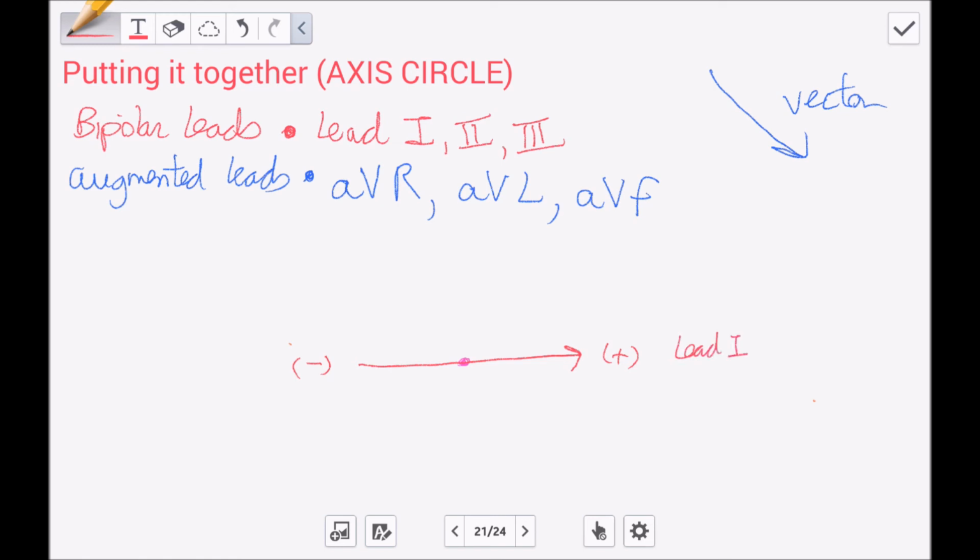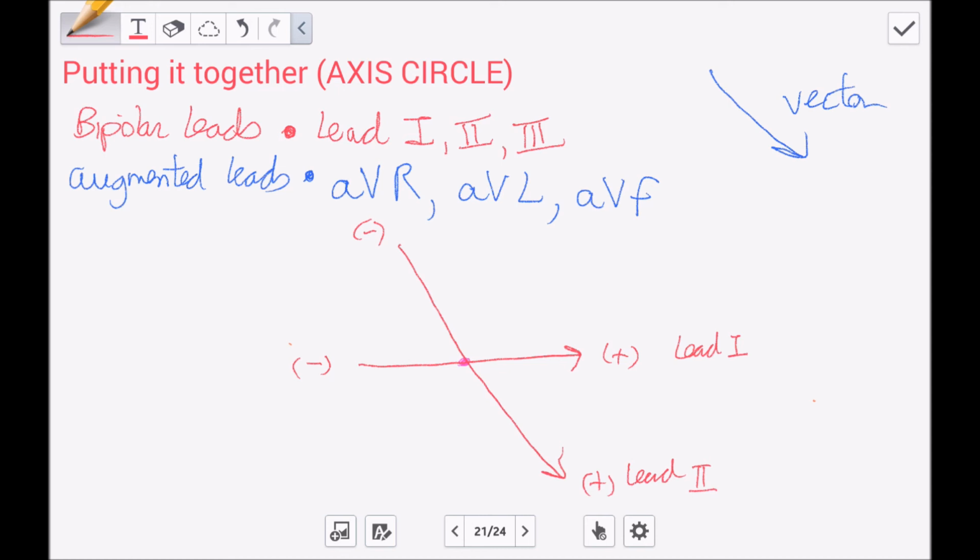Everybody good so far? Same thing: instead of drawing a whole triangle like we did before, we make sure every lead crosses through the pink dot. Lead 2, remember how it crosses? Lead 2 crosses down like this, forming that side of the triangle. We pass it through the point, so this is negative and this is positive. Electricity flows from negative to positive, and this is lead 2.